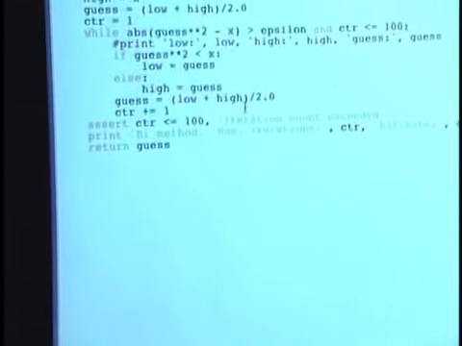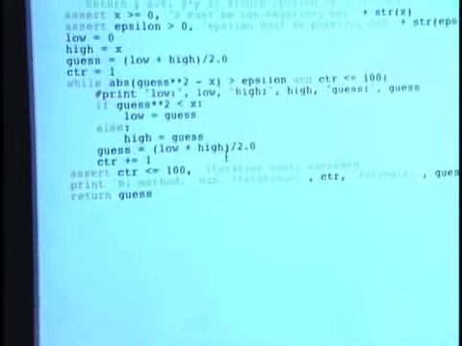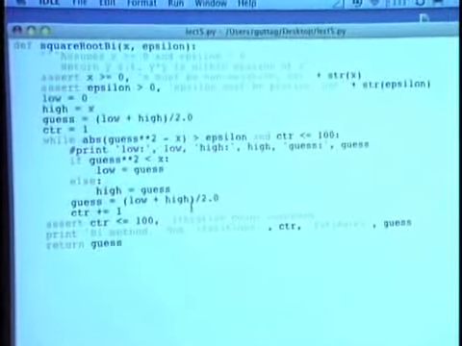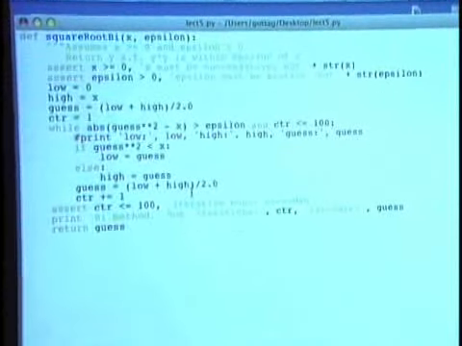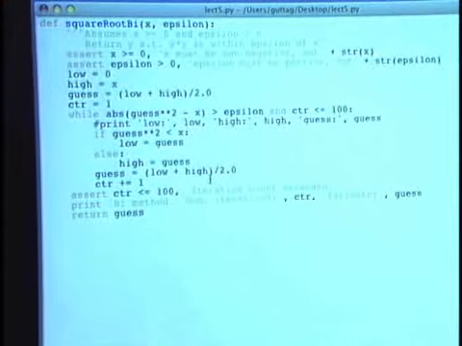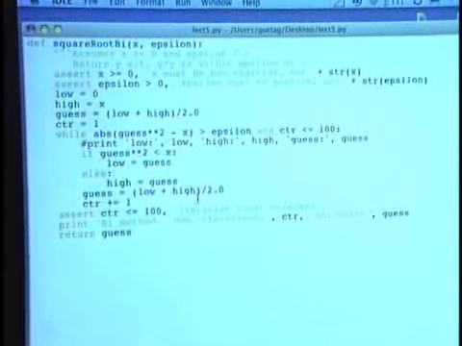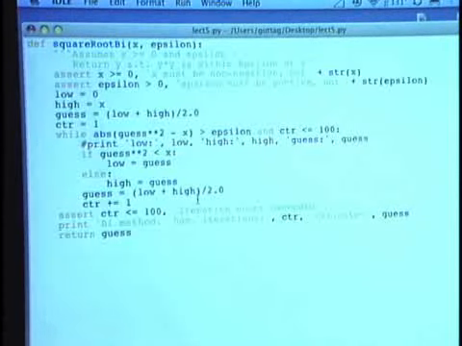So here's a successive approximation to the square root. I've called it square root by. The by is not a reference to the sexual preferences of the function, but a reference to the fact that this is an example of what's called a bisection method.